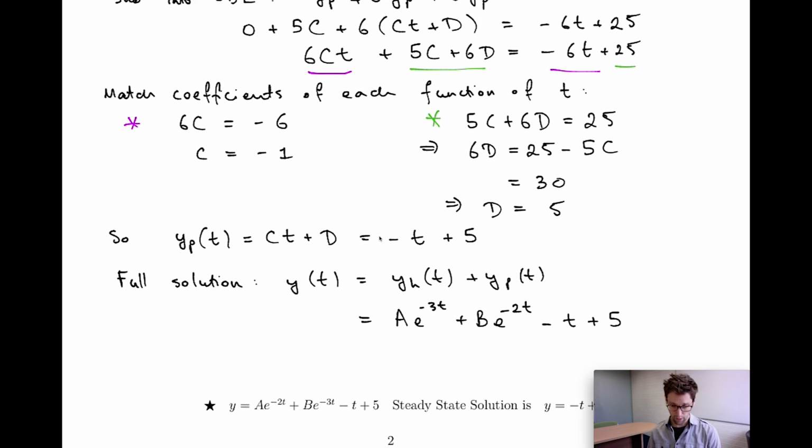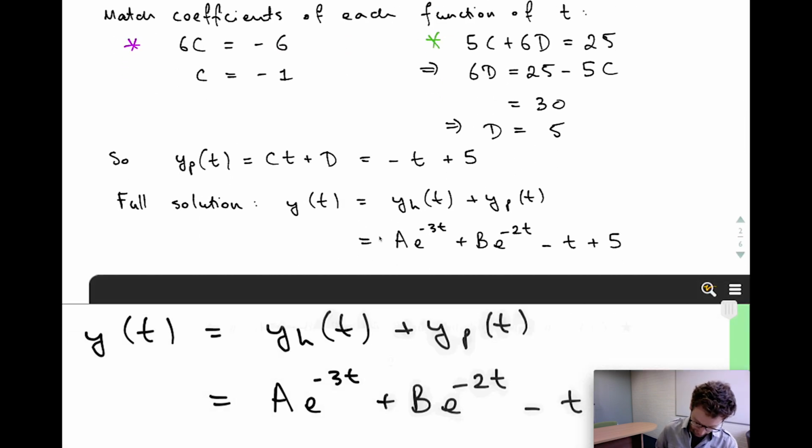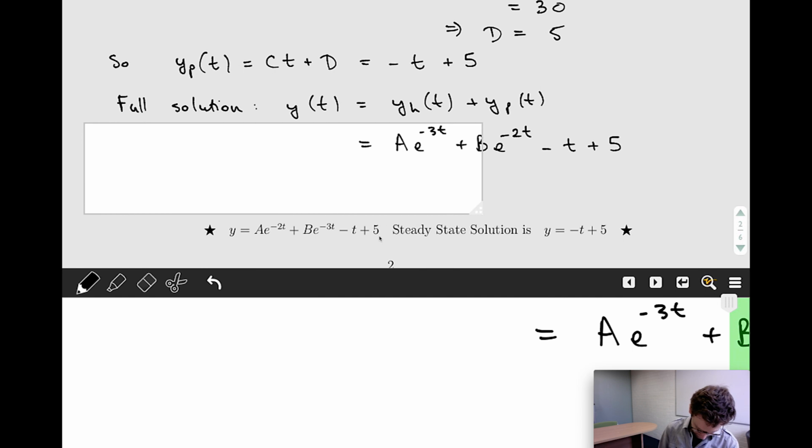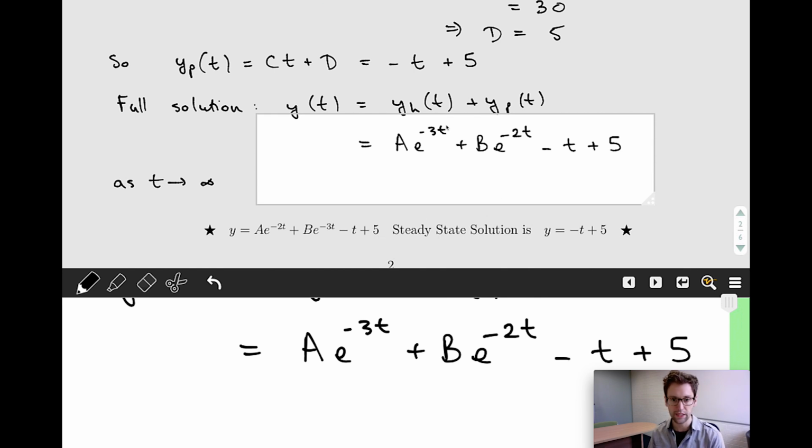The last part of this problem asks us to find out what happens in the steady state, that is the long-term behavior of this solution. So what happens as t gets really big? Well, you can see that I've got a couple of different pieces here. I've got an e to the minus 3t, I've got an e to the minus 2t, but both of these terms are exponentially decaying.